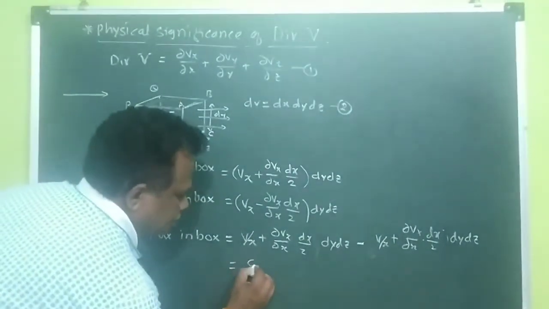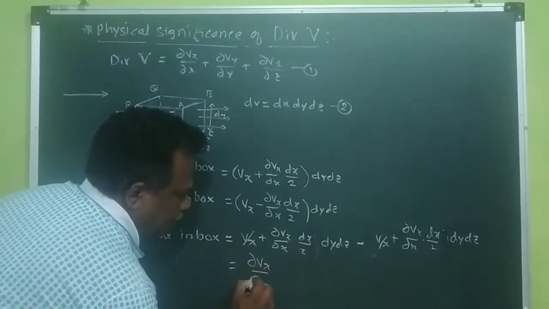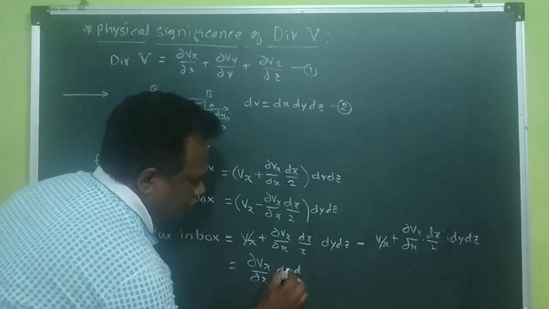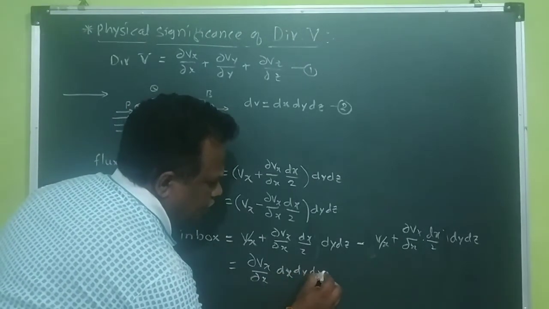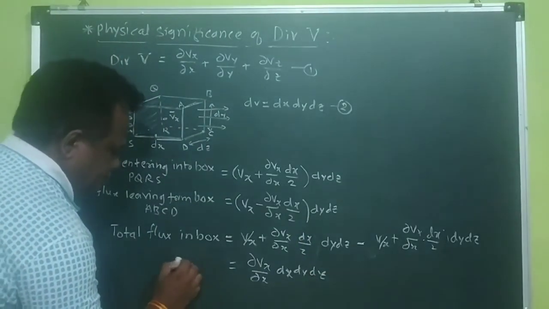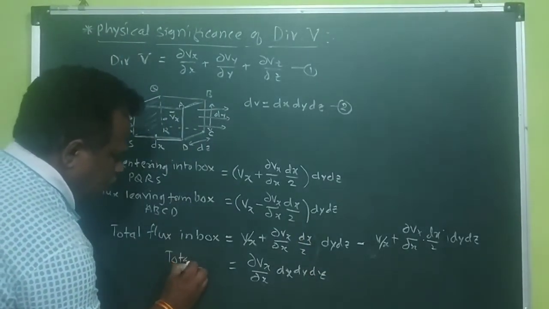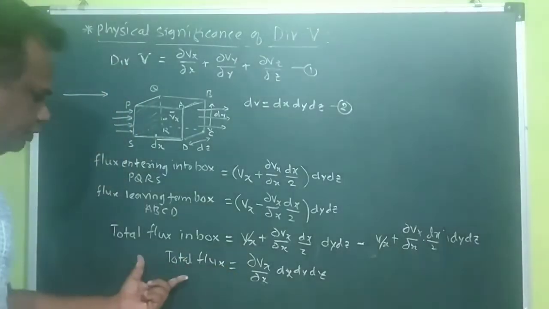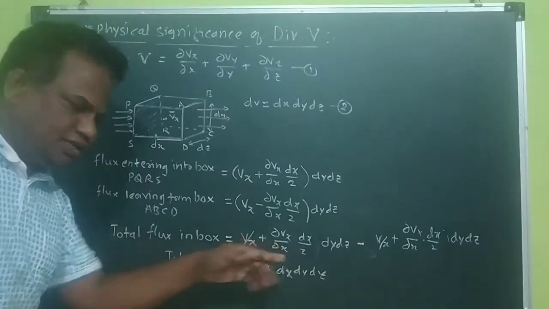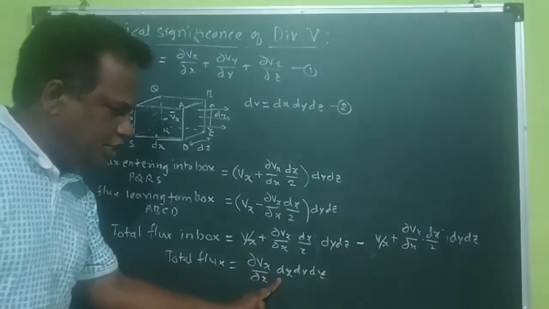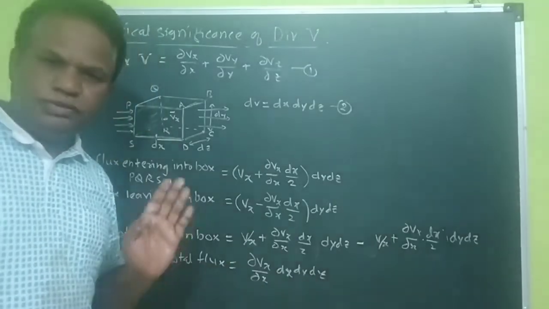So we can write like this, ∂Vx/∂x into dx dy dz. So this is the total amount of flux in the box. Total variation of flux along the x-axis is given by ∂Vx/∂x into dx dy dz. Do you understand?